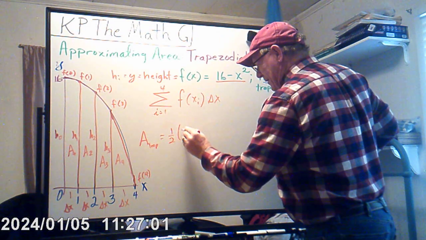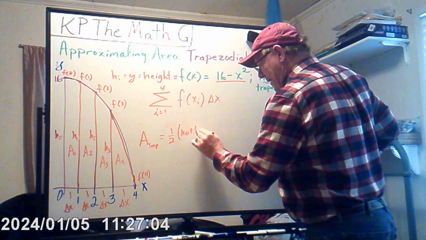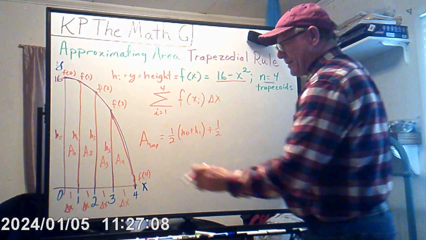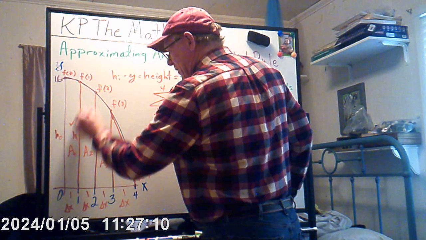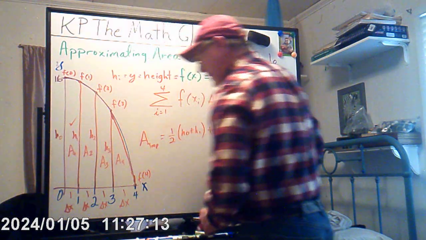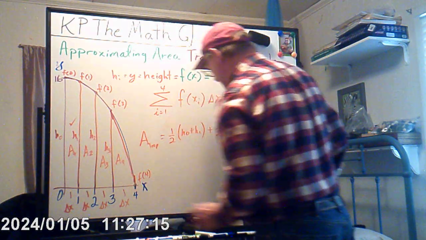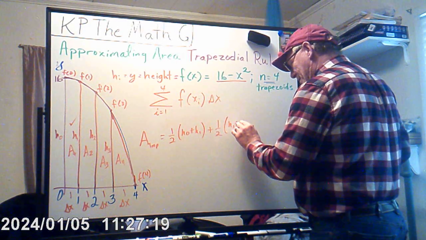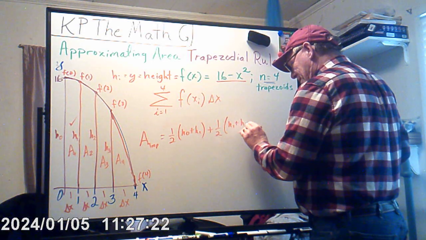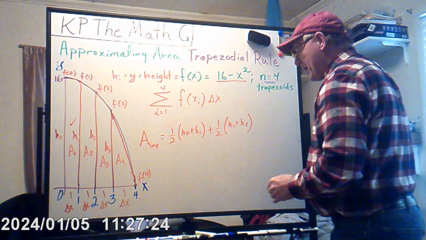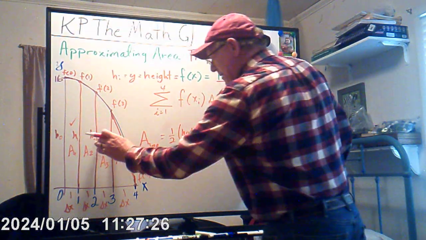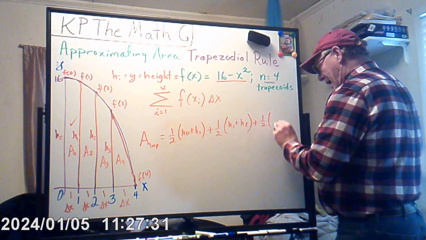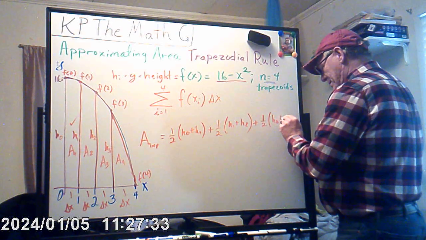Alright, h0 plus h1. Then another 1/2, the second one, that's this one here, h0, h1. Now we want to do h1 plus h2. Here we go again, h2, h3, that's 1/2 h2 plus h3.